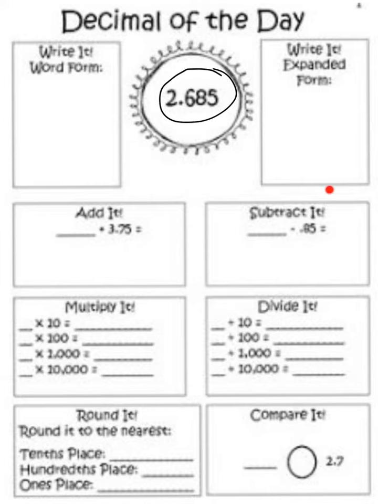You're going to subtract 85 from it. And then you're going to multiply it by 10, 100, 1,000, 10,000. Then you're going to divide it by 10, 100, 1,000, 10,000. And we're going to round it to the nearest tenths, the nearest hundredths, and the nearest thousandths place. And then you're going to compare it. Is it greater than, less than, or equal to 1 7/10?